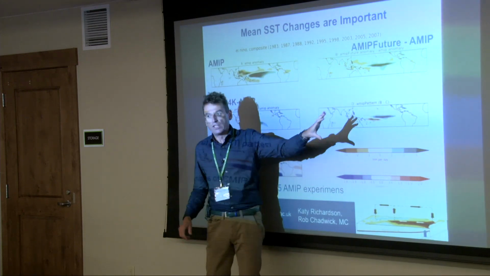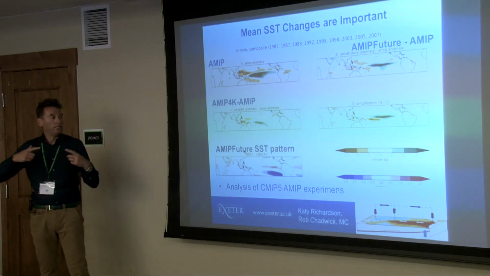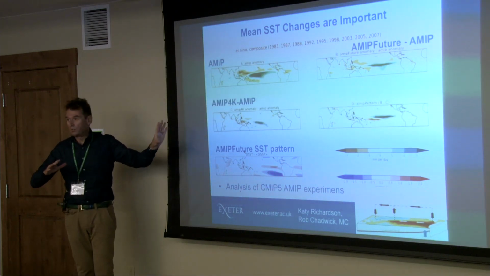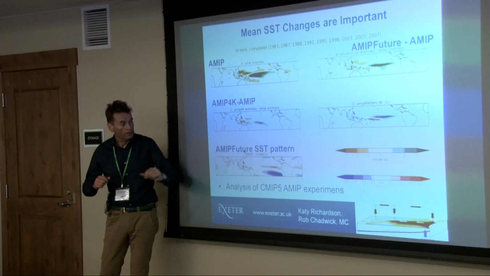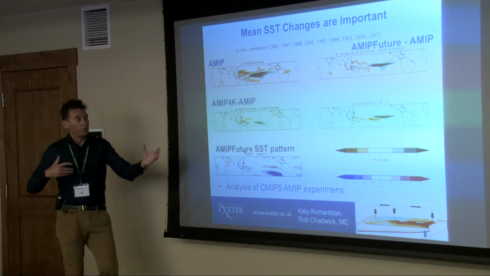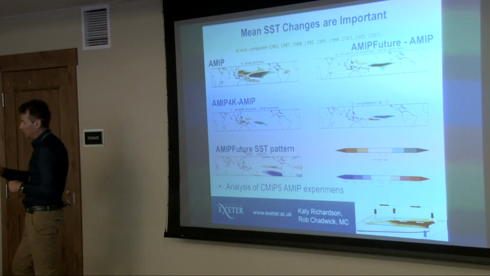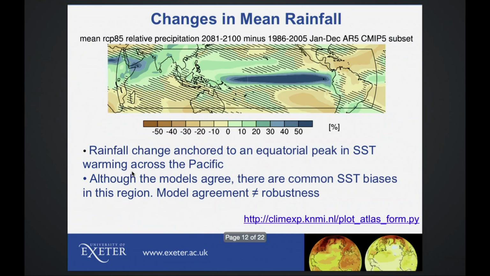So the signal of ENSO response and ENSO teleconnections in these experiments is really coming from the mean pattern of SST that we're predicting from the coupled models and then putting into the AMIP simulations.